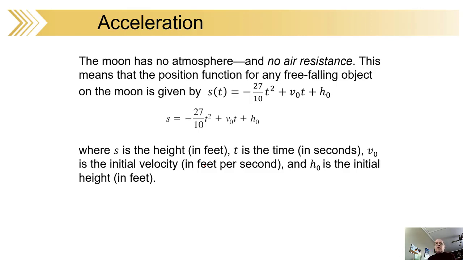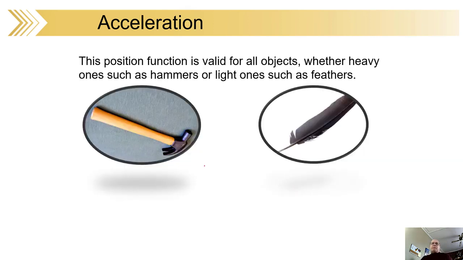Here's a position function for the moon. We could do the same thing for that. You can use a position function for any kind of object at all, whether it's a ball, a hammer, or a feather. It doesn't make any difference.